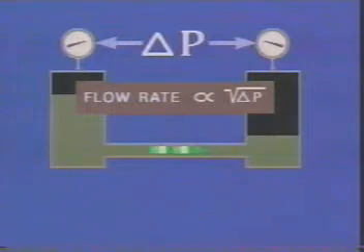Another factor affecting the rate of flow is the flow path itself. The more restrictive a flow path is, the lower the flow rate will be for a given differential pressure. If a flow-restricting device, such as an orifice, is placed in the flow path, flow rate will be a function of the orifice size and the pressure drop across it.